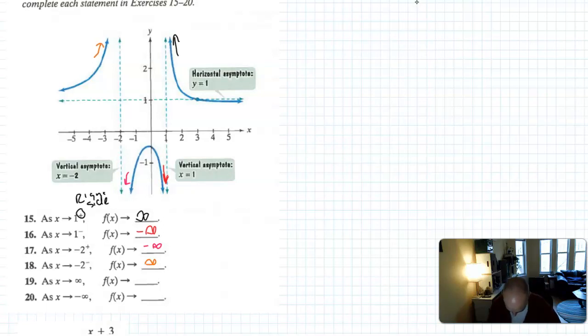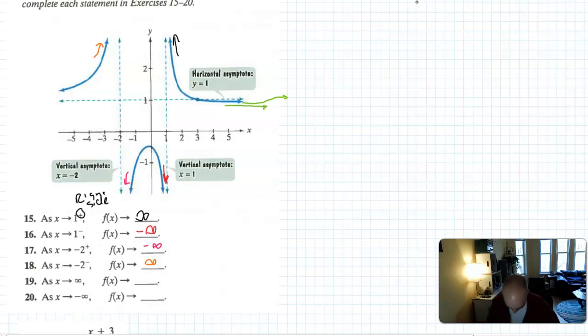And as x approaches infinity, f of x, even though it's gone below this asymptote y equals 1, that's still the horizontal asymptote. So what's probably going to happen is this might curve up and approach. It's not going to approach anything else, especially because that horizontal asymptote is given to us. So this is going to be 1. And on the other side, we're going to approach 1 as well. So that's just the first 4.